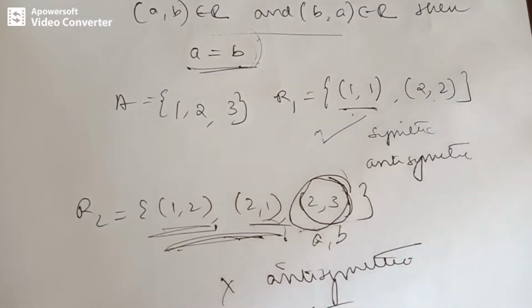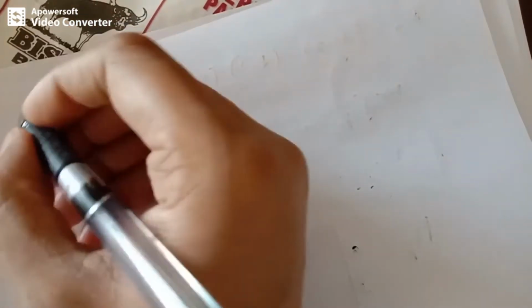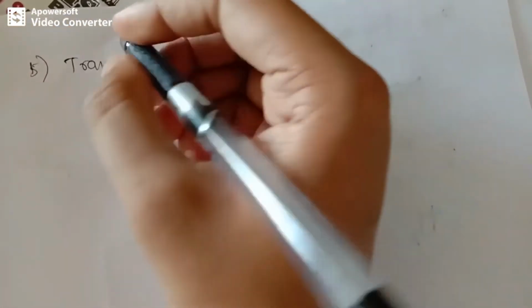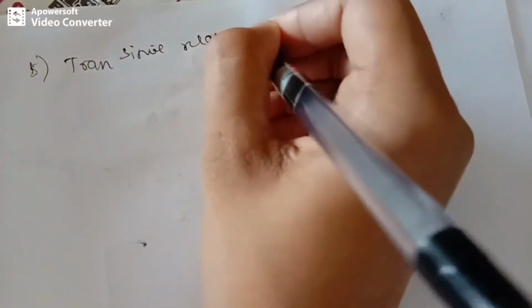So let me move on to the other kind of relation, the last one, that is the transitive relation. Okay, we are talking about the transitive relation. So when can we say the relation is transitive?